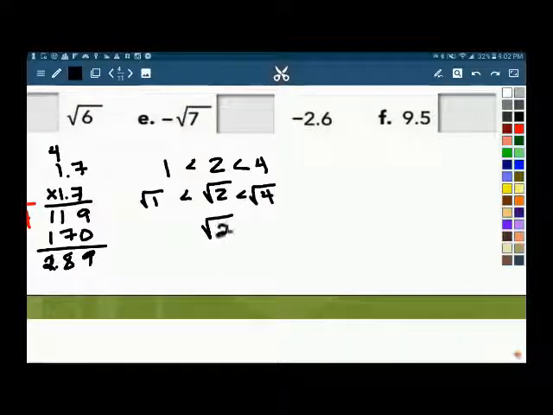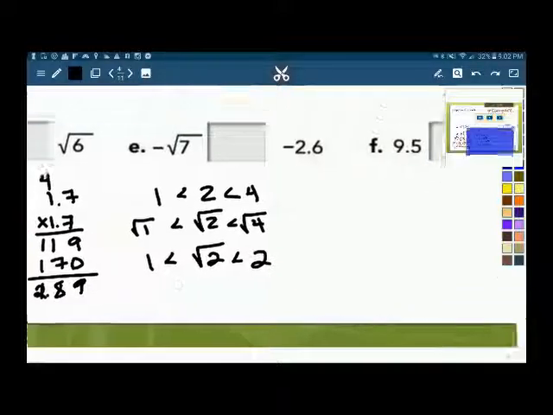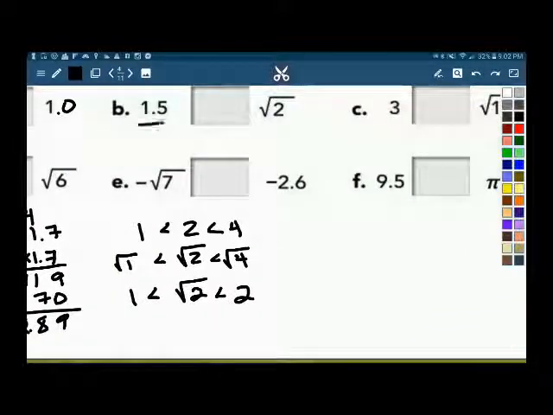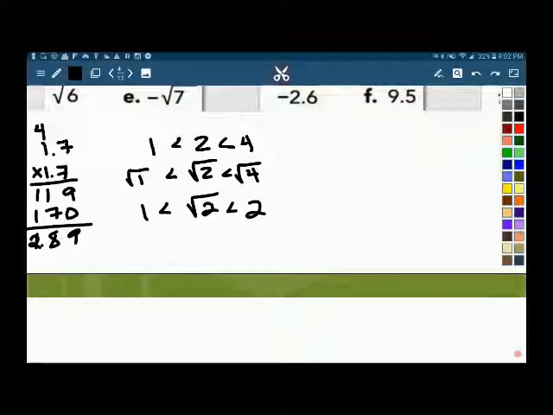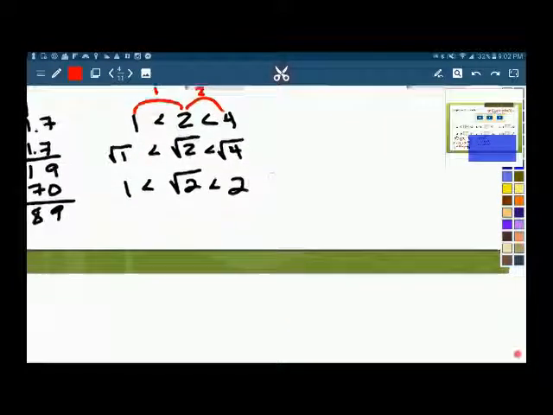So that means the square root of 2 is between 1 and 2, just like the square root of 3 was. So I need to do a little more approximation here because we're comparing it to 1.5. So I'm going to try to get this out to the tenth as well. Now, the number 2 is closer to 1, which was 1 unit away, than it is to 4, which was 2 units away.